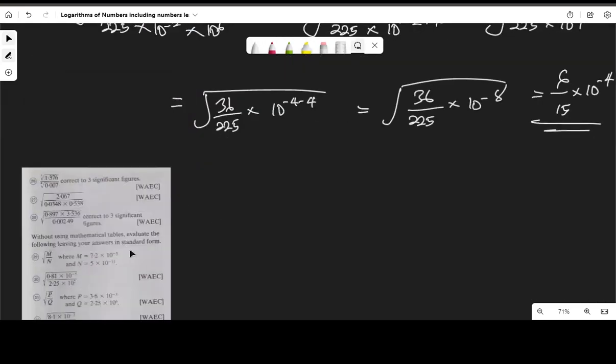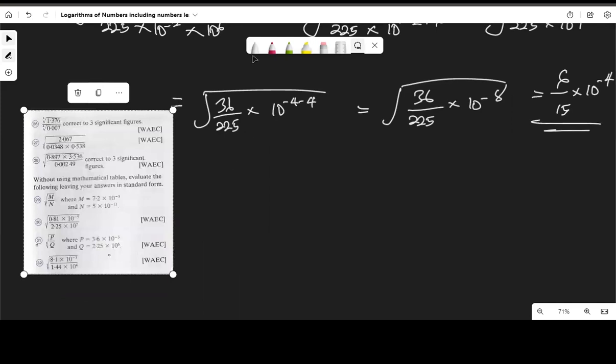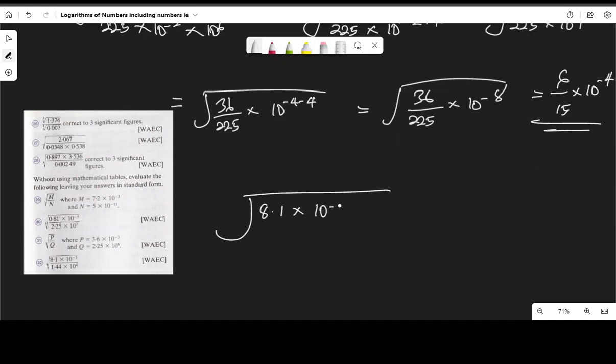We have the square root of, is question 32, square root of 8.1 times 10 to the power of minus 3 all over 1.44 times 10 to the power of 4.